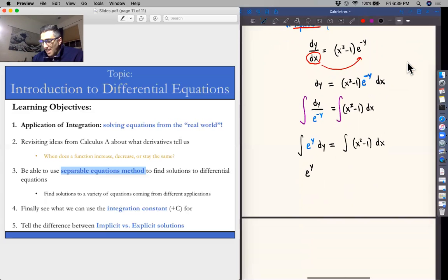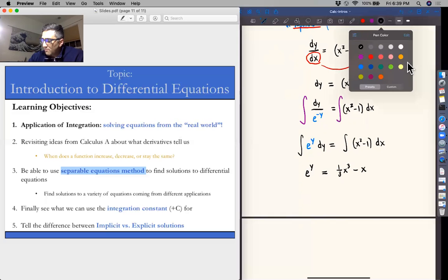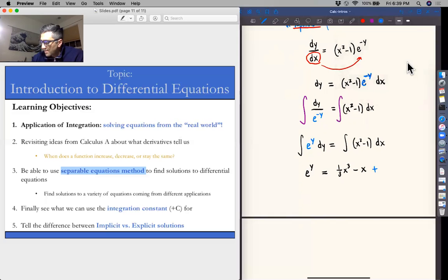On the left side, the integral of e to the y is just e to the y, still the best function that there is. On the right-hand side, we really get to apply the antiderivative power rule. So we have 1/3 x cubed minus x. However, the last little bit we need to add is, of course, our integration constant, plus c.